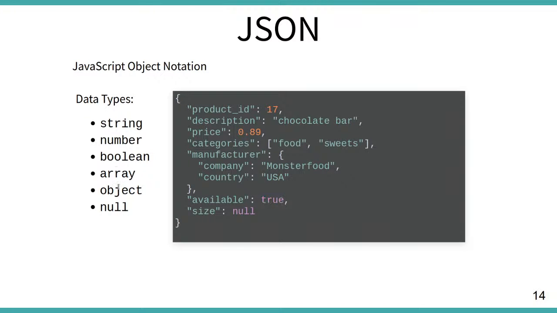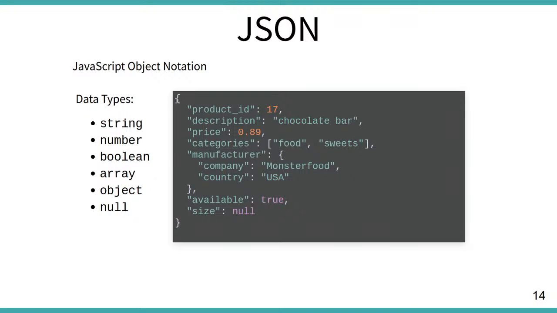And for the object, here's an example of a product which has a manufacturer, and we use the nesting syntax here. So manufacturer is again an object with the keys company and country.